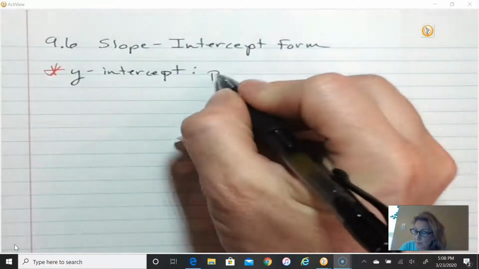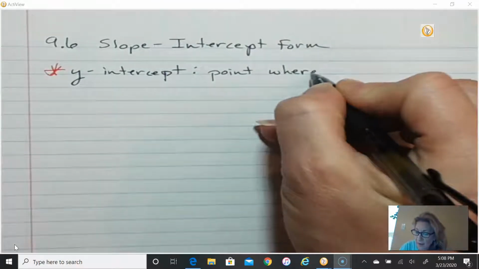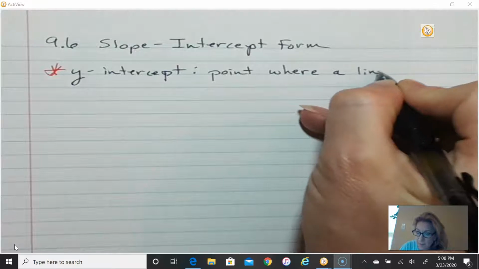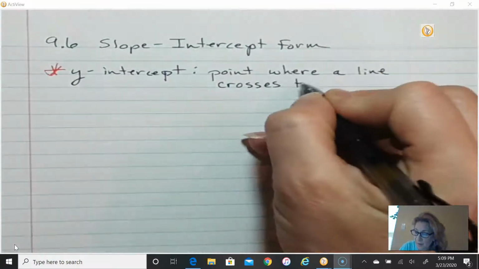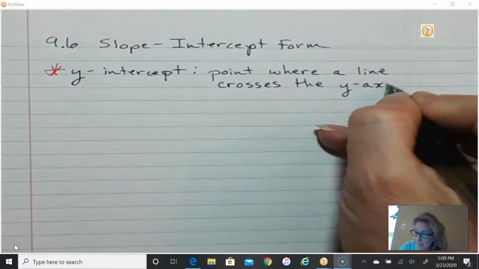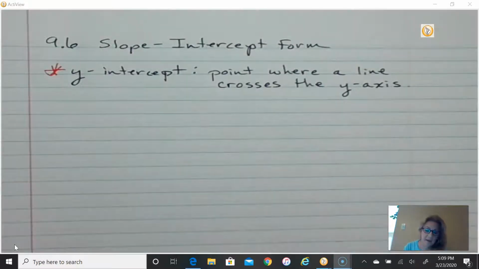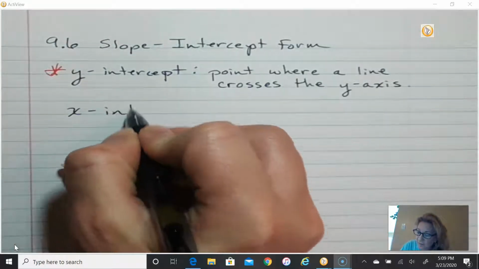It's the point where a line crosses the y-axis. Okay? I'm going to give you examples in a minute. Okay, the x-intercept.